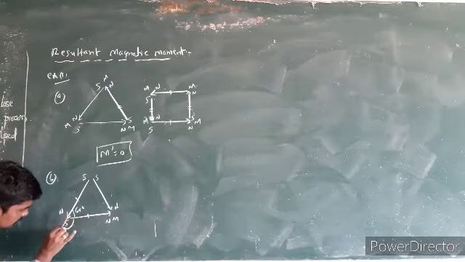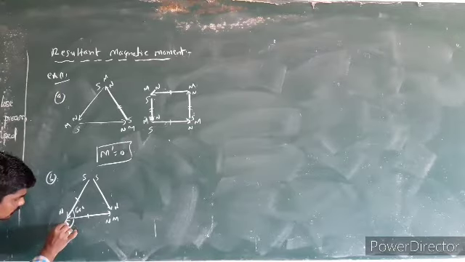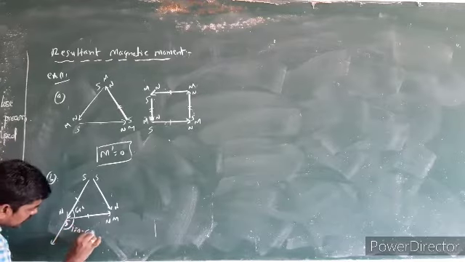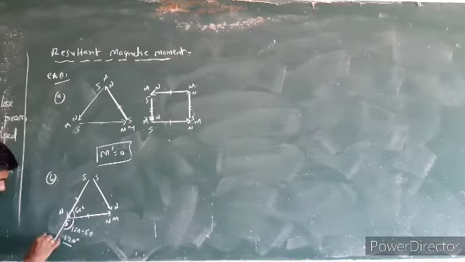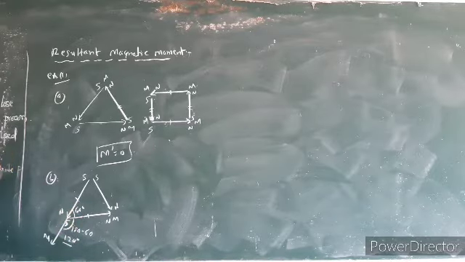That is already told: when unlike poles are in contact, the angle between magnetic moments is 180 minus theta. 180 minus 60, how much? 120 degrees. 120 degrees is the angle between the magnetic moments of this bar magnet and this bar magnet. 60 degrees is the angle between the axes of the bar magnets.